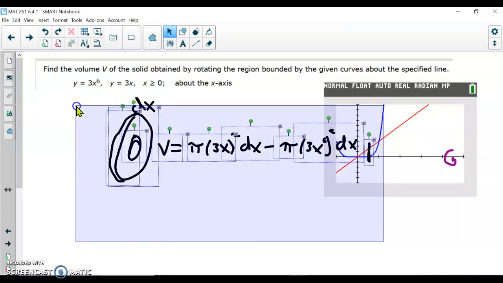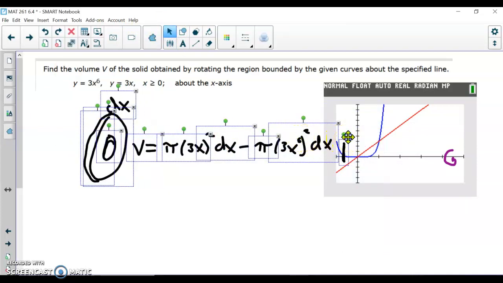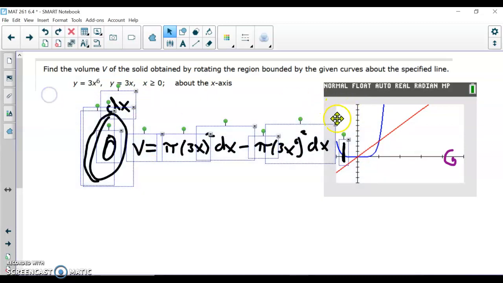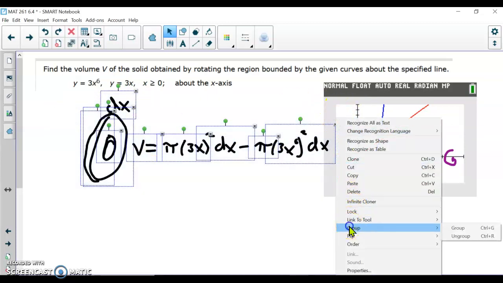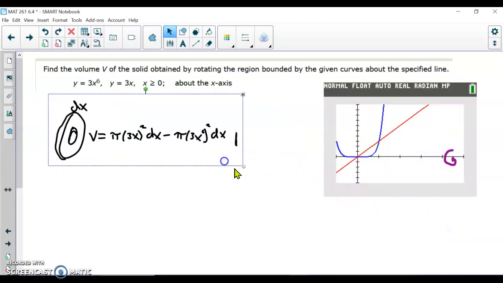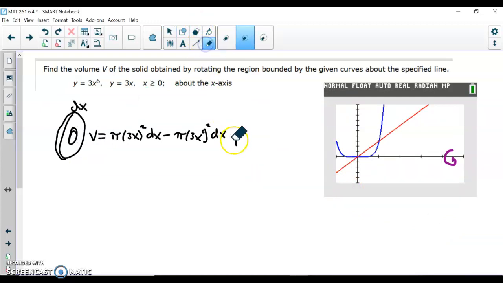So this here is the expression for one of those washers, the volume of one of those washers. All right, and then I just got to move this, because this was the strip. That's the strip. Okay, so now we just need some limits of integration.